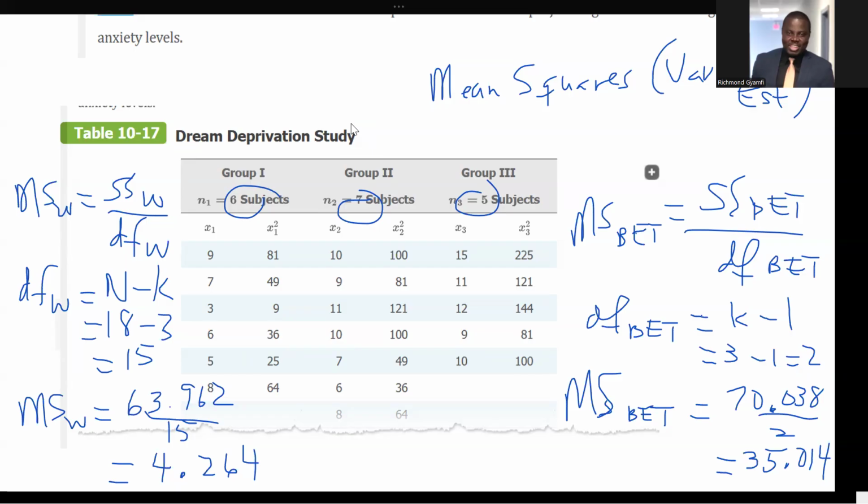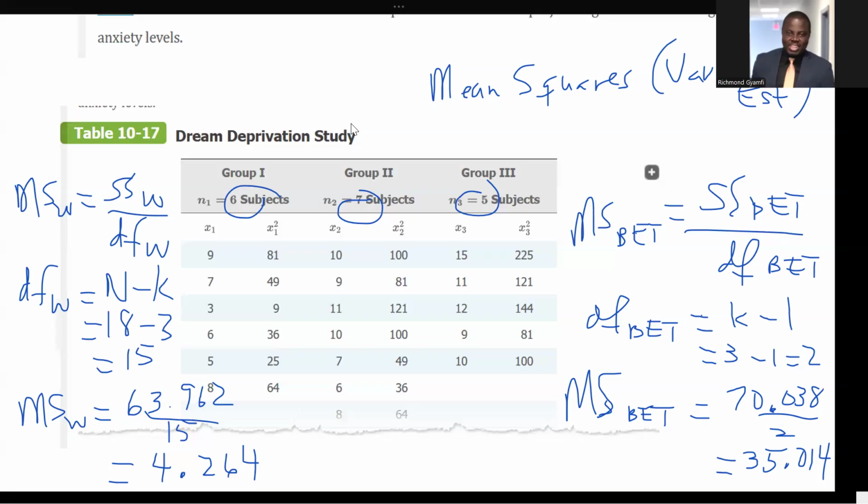Our F ratio or F statistic is going to be the mean squared BET divided by the mean squared W. That's why we did all these. So the variance estimates between the groups divided by the variance estimates within the groups. That's all we wanted to do to get what is called the F ratio. And then we use the F table, that is if you're doing this manually, okay?